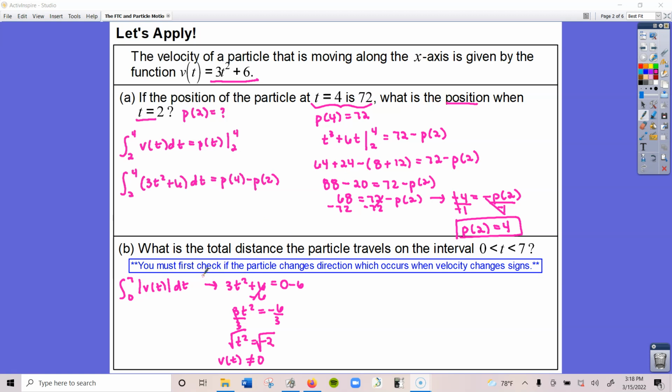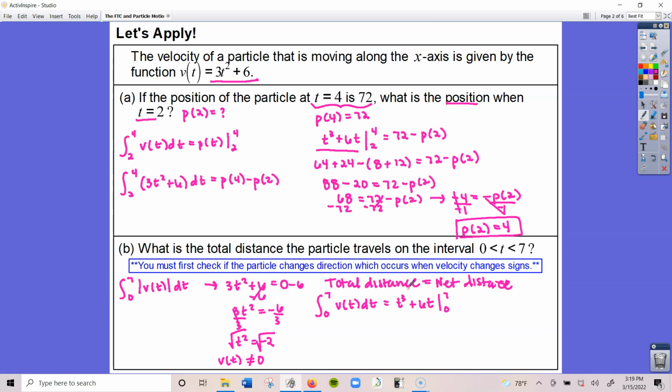Therefore, my total distance is going to equal my net distance. And we find net distance by integrating from the interval 0 to 7 of v of t dt. Now we already integrated v of t. We got that it is t cubed plus 6t, but we're now just going to evaluate from 0 to 7.